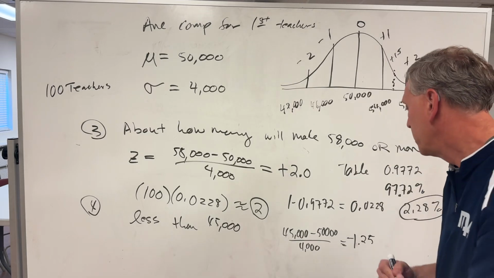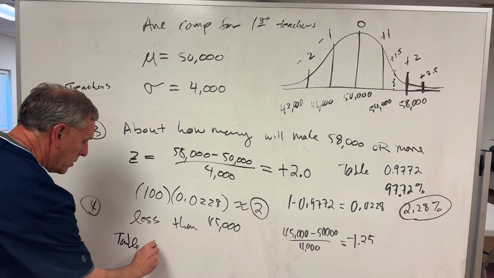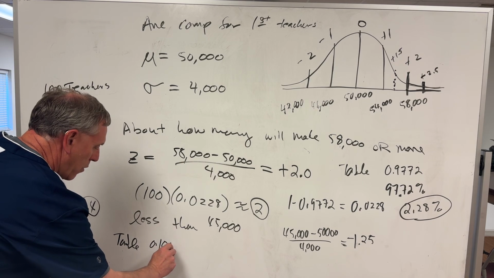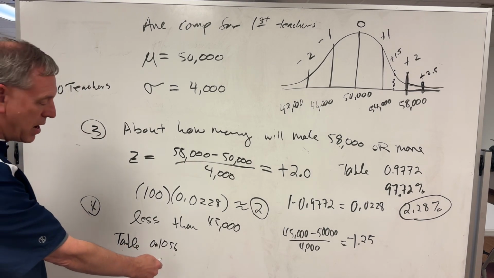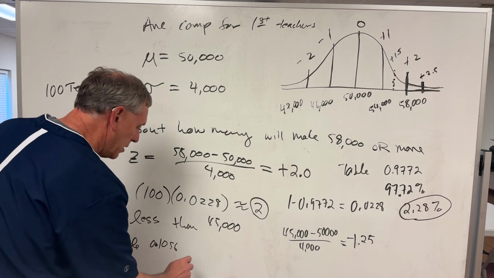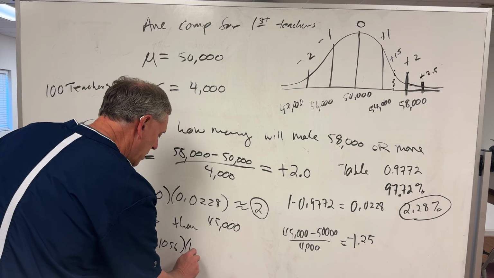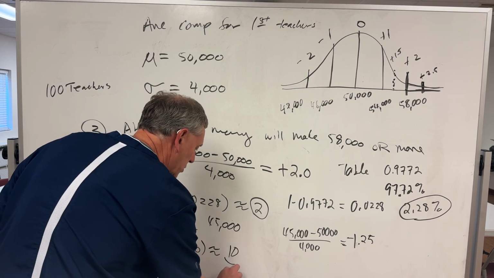So from the table we're going to get 0.1056, or 10.5%. And so we multiply that by 100 for the 100 teachers, and the answer is about 10 teachers.